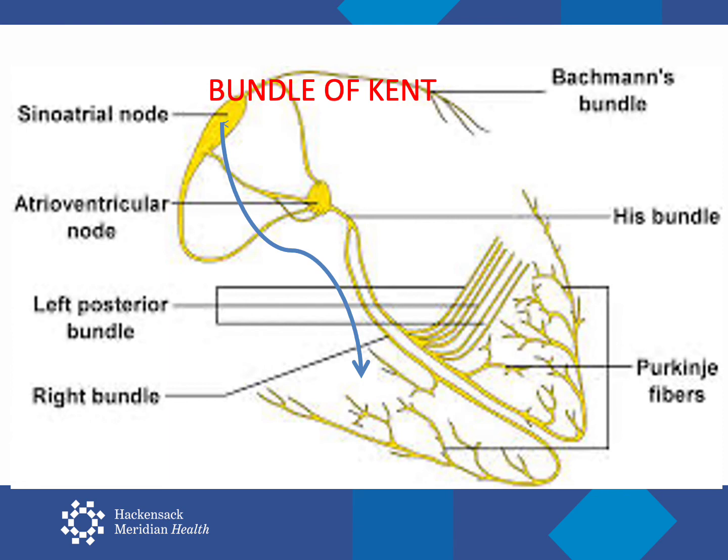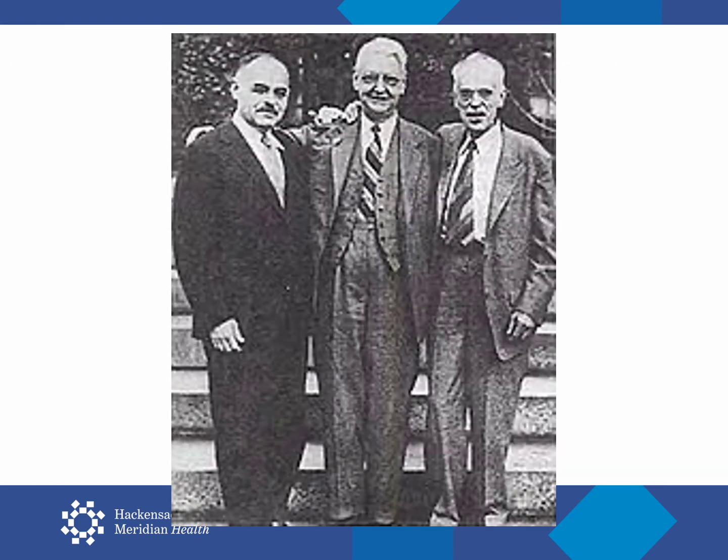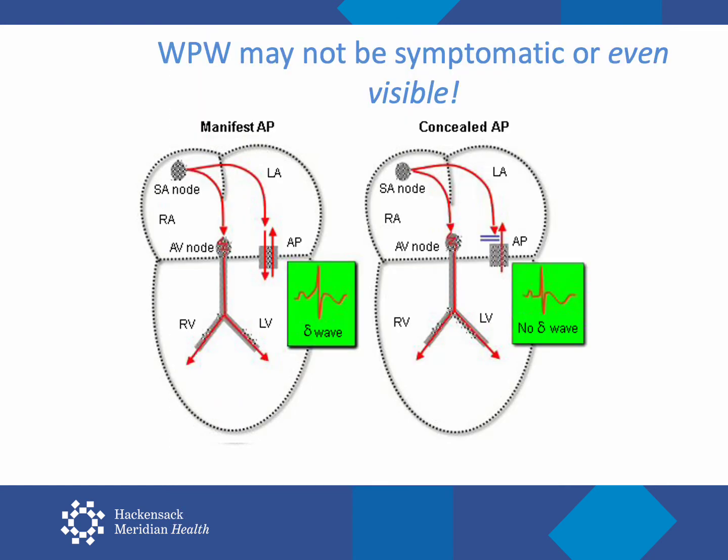So no discussion of tachycardia would be complete without a brief mention of the Wolff-Parkinson-White syndrome. And here are Wolff, Parkinson, and White. Recall that WPW patients have an extra conducting pathway, an accessory pathway from the atrium into the ventricle. It's different, separate from, and in addition to their AV node.